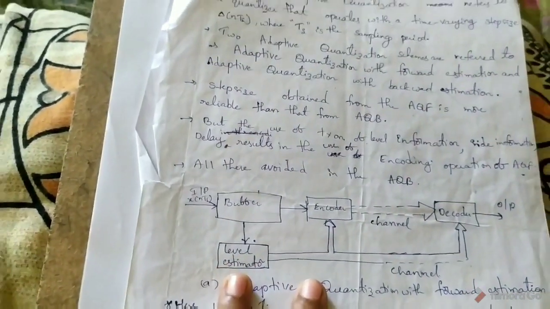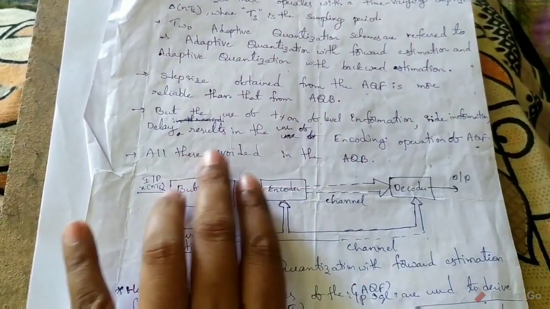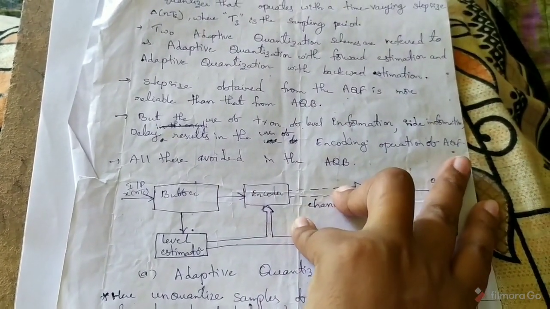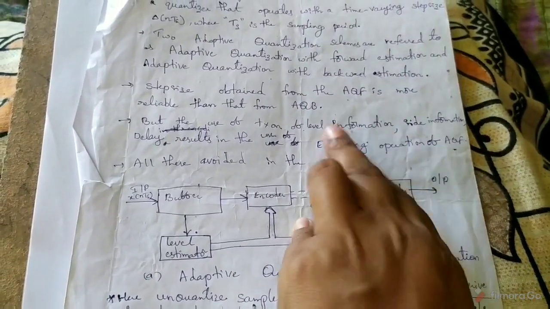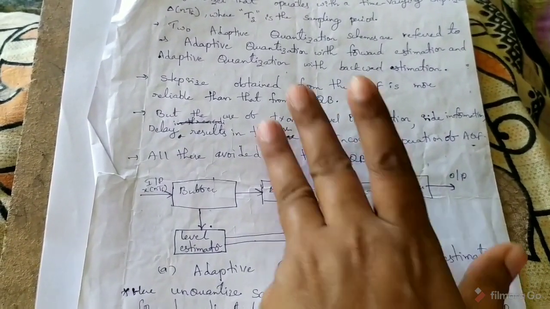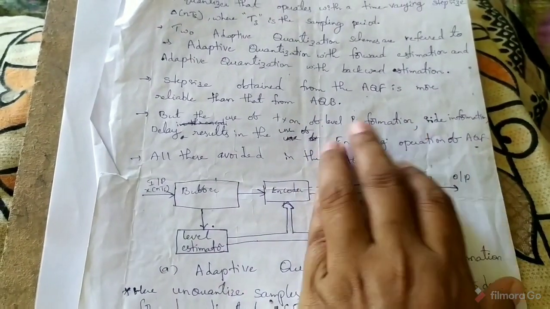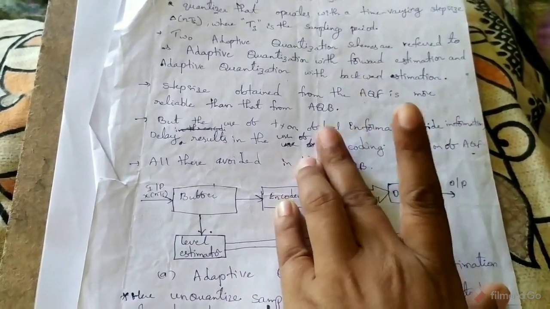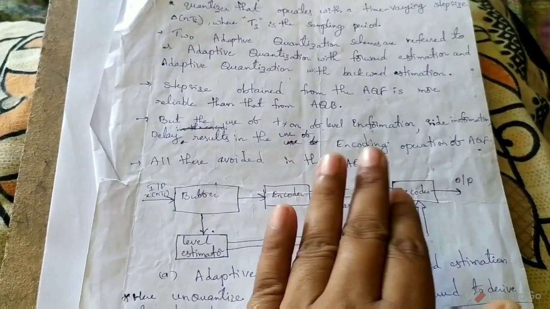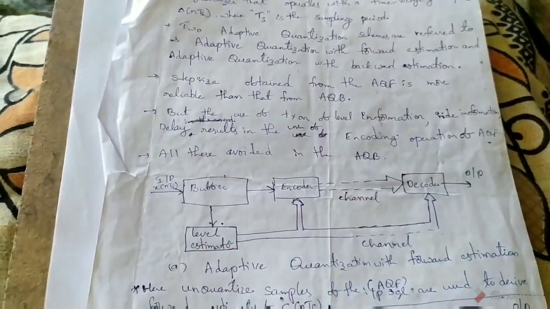But the transmission of level information and side information delay results in extra use of encoding operations in adaptive quantization forward. That is the disadvantage of adaptive quantization forward estimation.